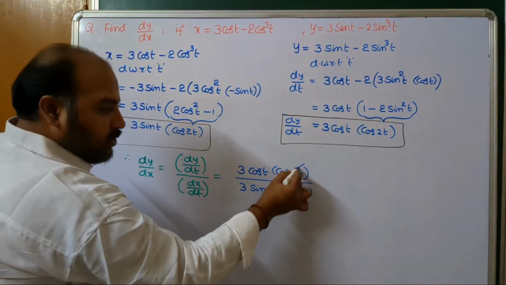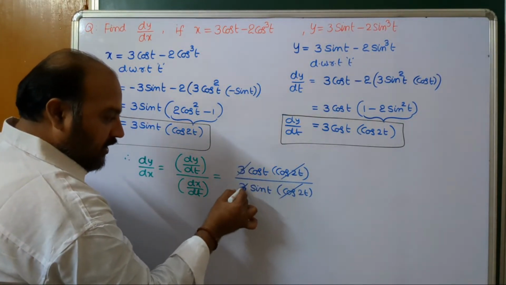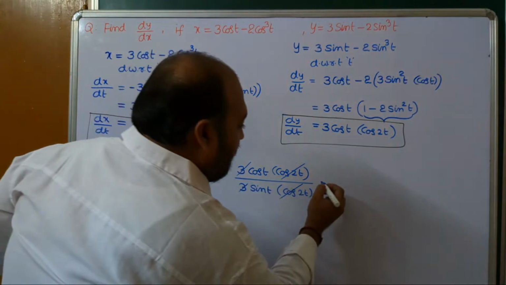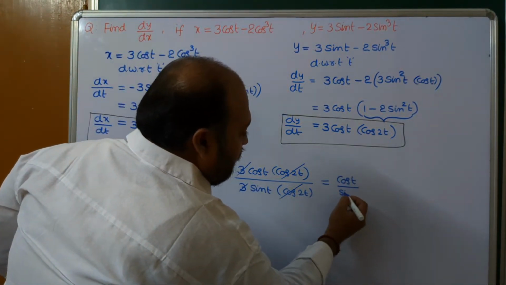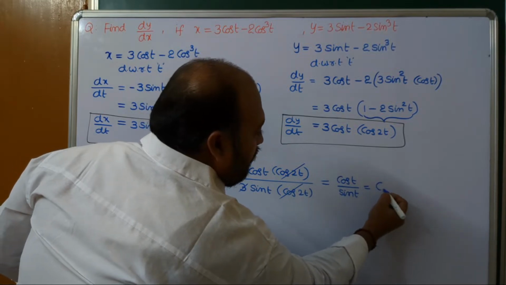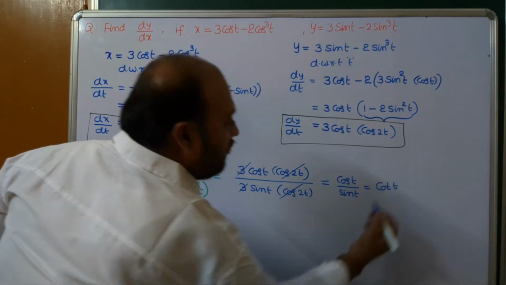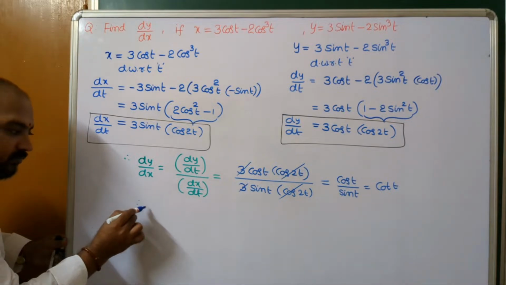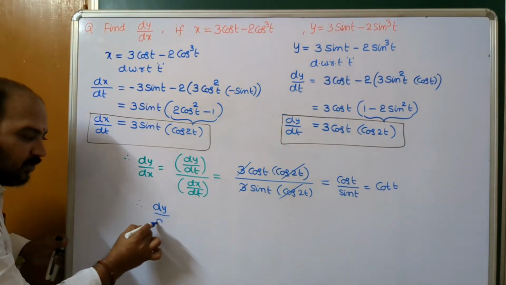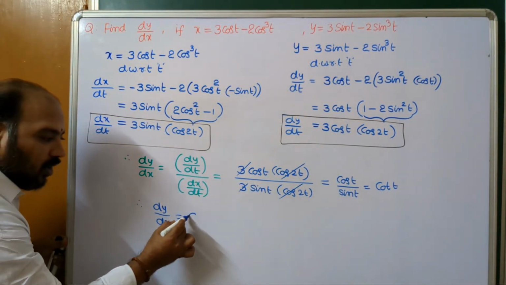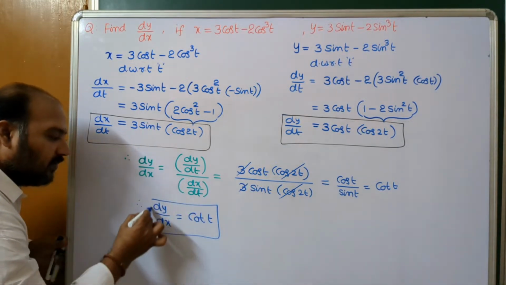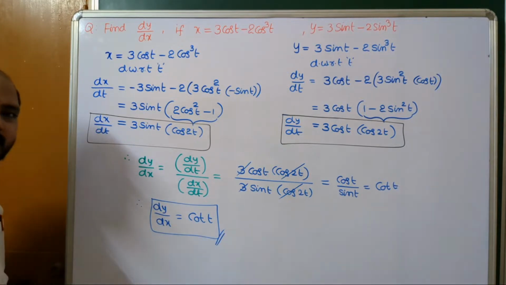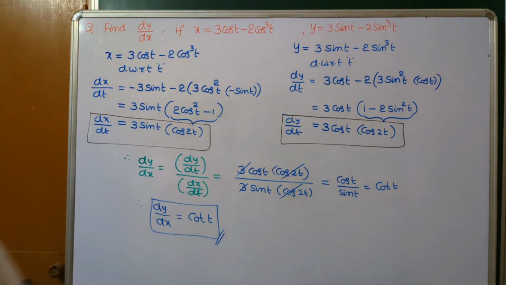So here cos 2t gets cancelled, 3 also gets cancelled, cos t by sin t, that is equal to cot t. Therefore, dy by dx is equal to cot t. I hope you are able to understand it, students. So this is about a 4 marks question.